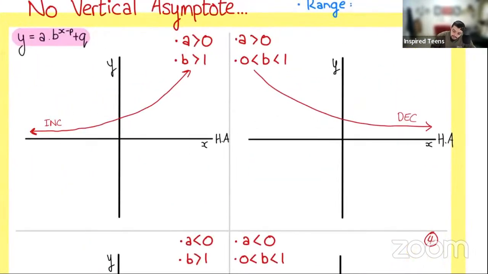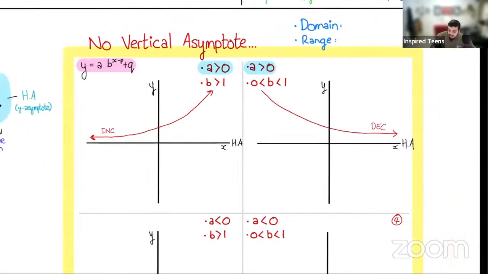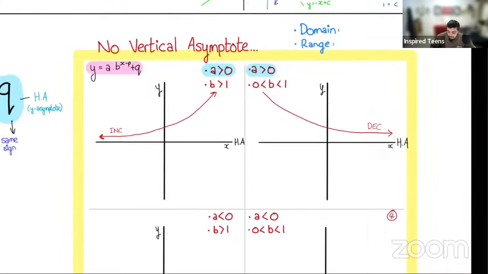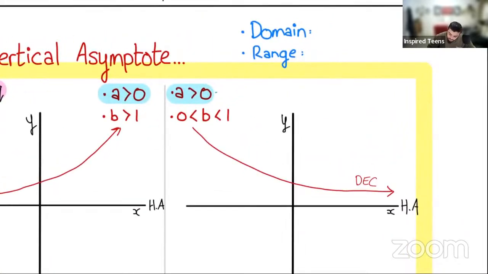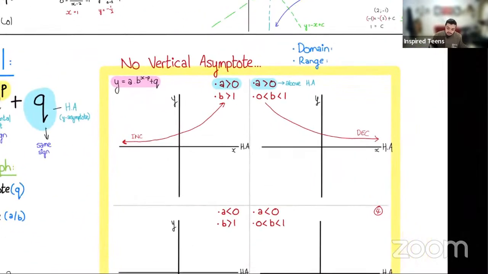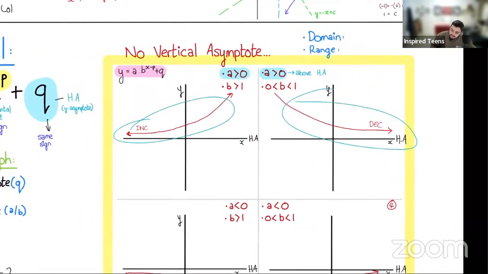For example, if a is greater than 0, we have both of these examples. What does it mean? It means above the horizontal asymptote. There's only one asymptote in this one. You can see that in both of these examples we have drawn the y-axis along with the x-axis, and the x-axis happens to be the horizontal asymptote also.